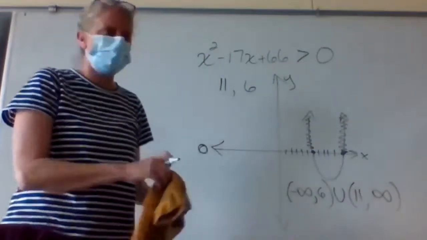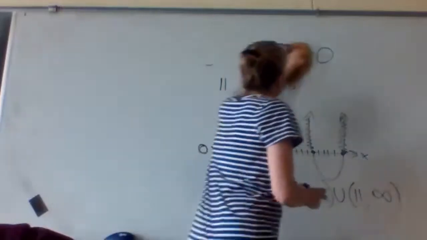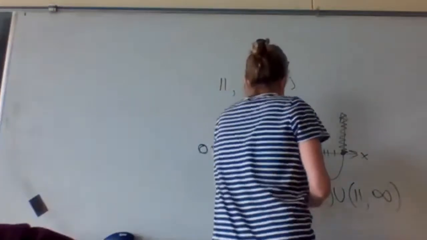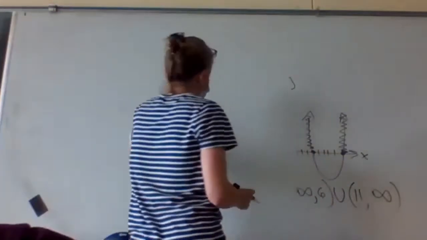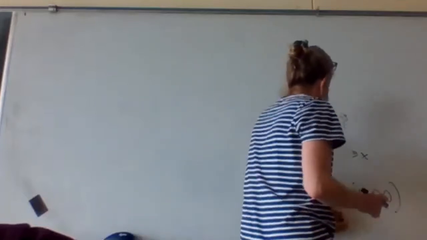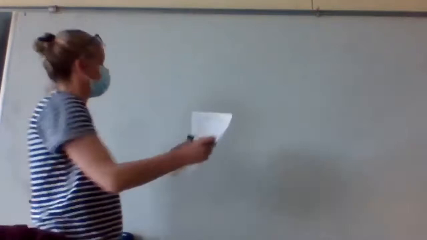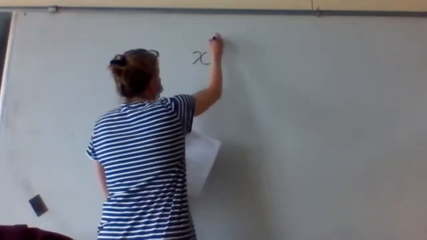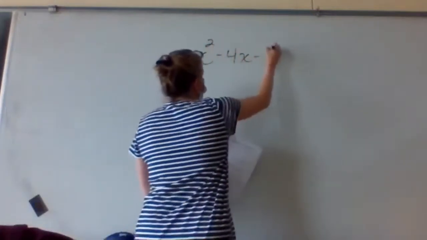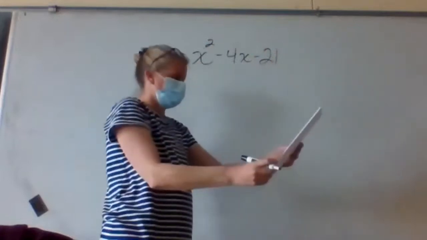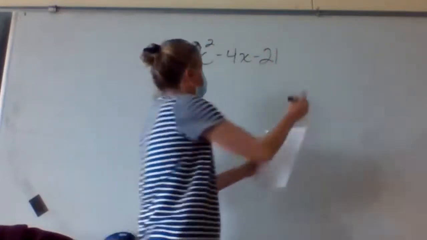Okay, let's look at number 3. X squared minus 4x minus 21 is greater than or equal to x minus 7.